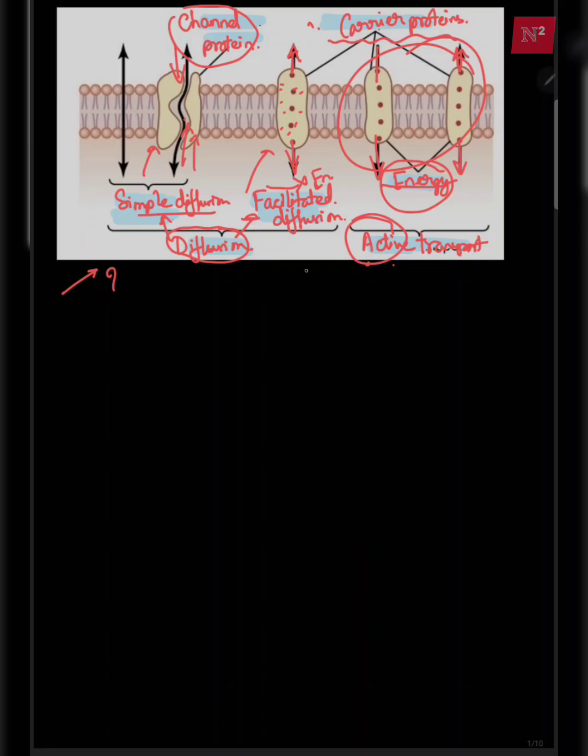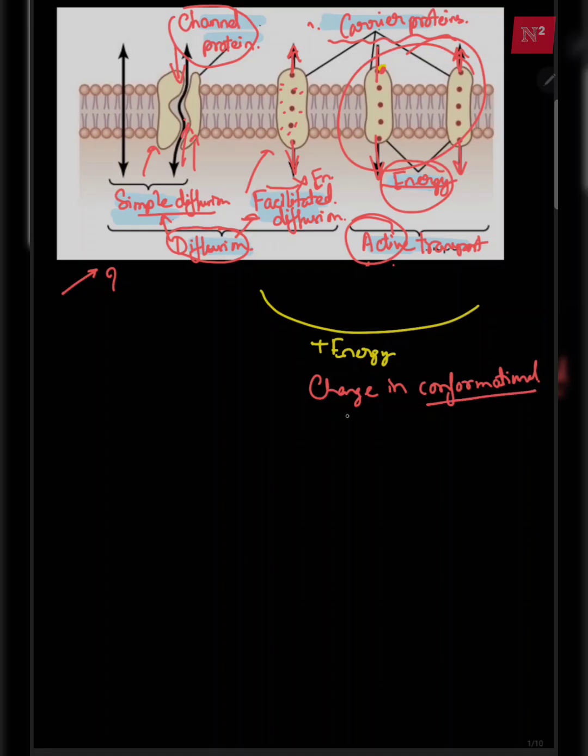Another important point to note in carrier protein transport is that when the substance is attached to or interacting with a part of the carrier protein, it leads to a change in conformation. That's a very important conformational change in the structure of the carrier proteins.